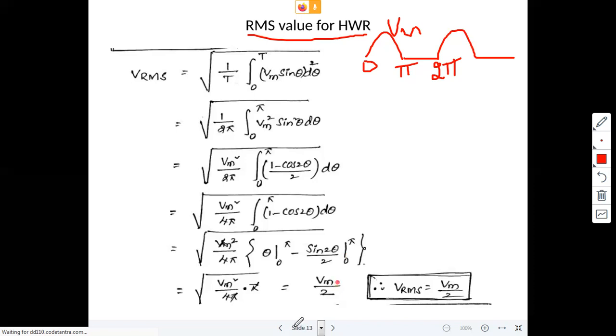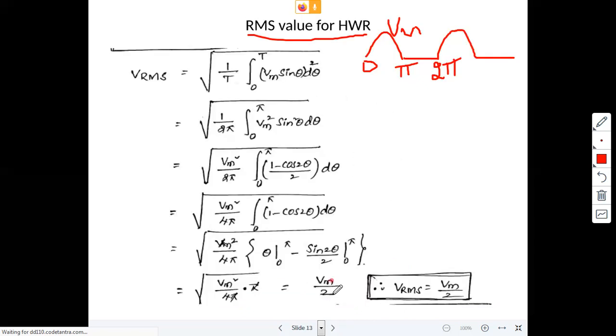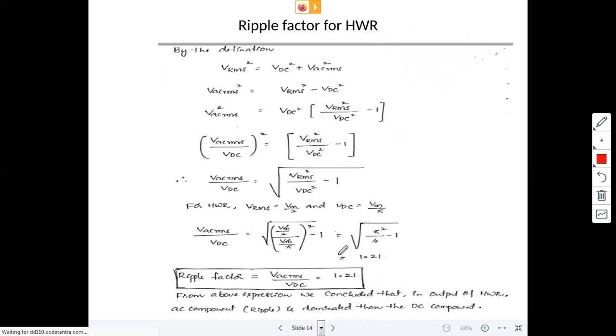Previously we derived the expression for the DC or average value, VDC is equal to Vm by pi. Now Vrms is equal to Vm by 2, right? Okay. Now once you know the Vrms and VDC, we are in a position to calculate the ripple factor.